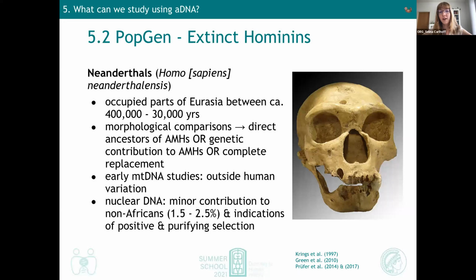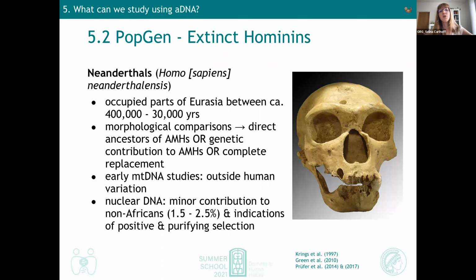And some early mitochondrial DNA studies indeed showed that all Neanderthal mitochondrial DNAs fell outside of the human variation, which suggested that there was no genetic contact between these two hominins.